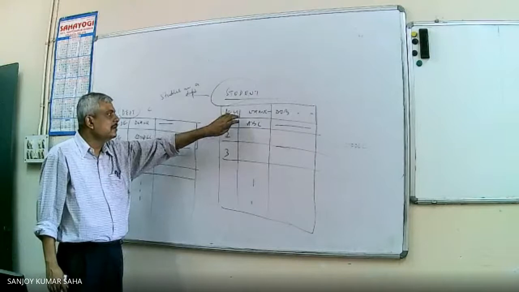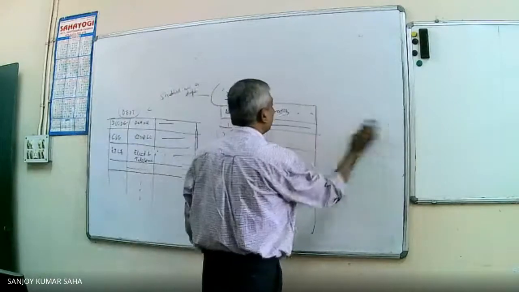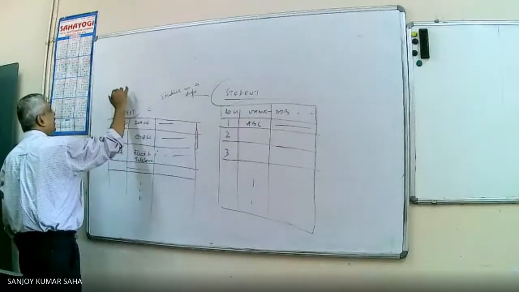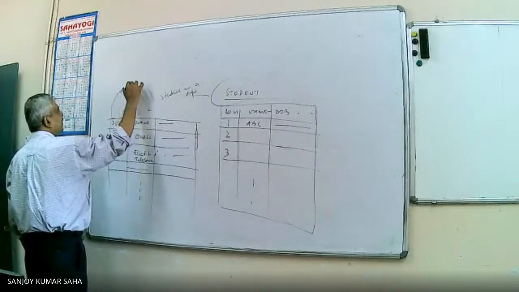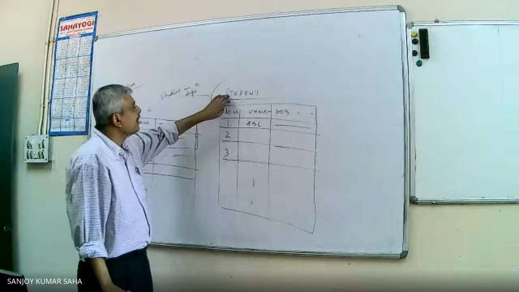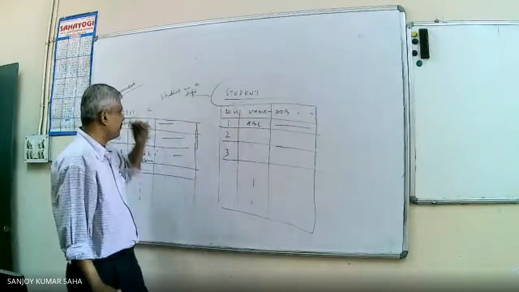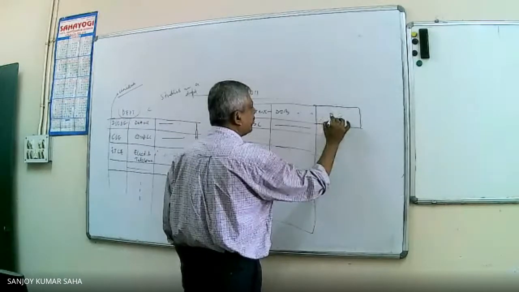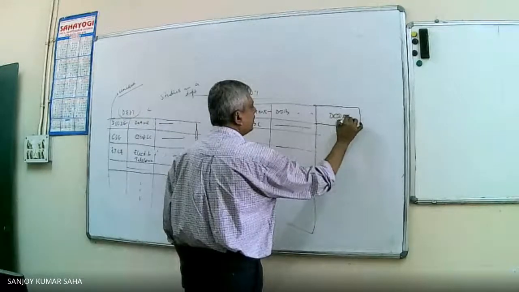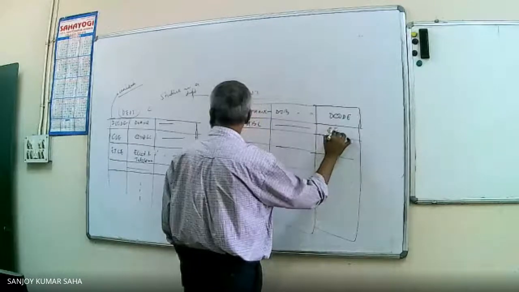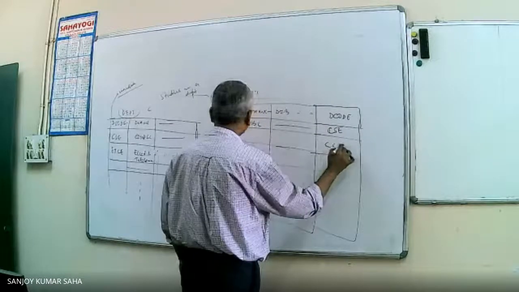So see, one method that we have often followed: assume every department has a unique department code. As a student studies in one department, if we keep that particular attribute as a part of the record, say CSE, ETC, like this.